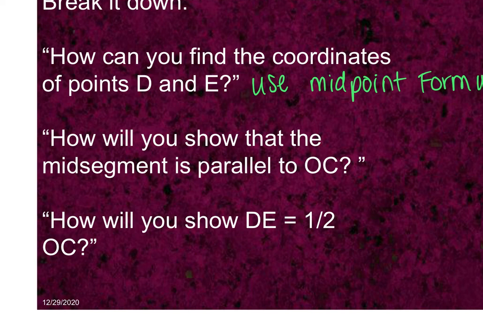They have the same slope, okay? So we need to find the slopes and just prove that they're the same, because if the slopes are the same, then the lines are parallel, okay?